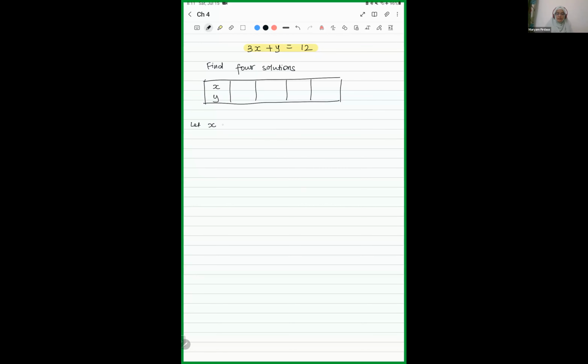Now, we're going to first put x as 0. Let x equal 0. Then what does this equation become? 3 times 0 plus y equals 12.